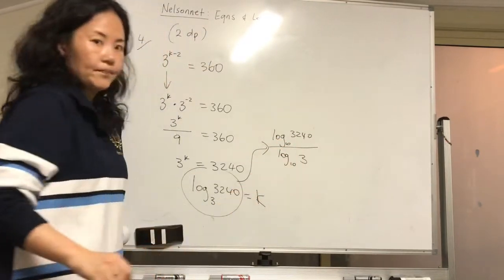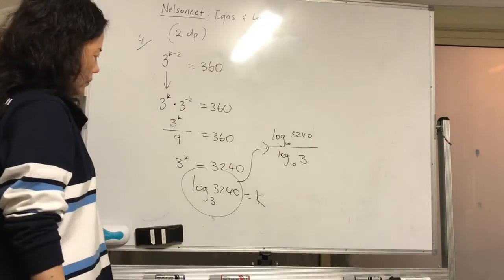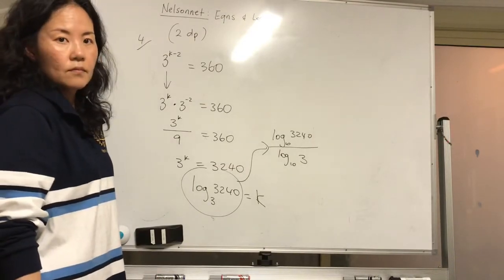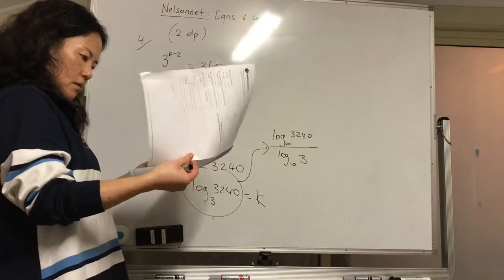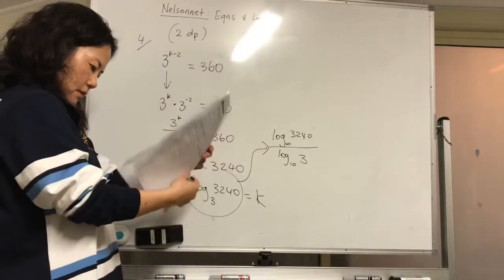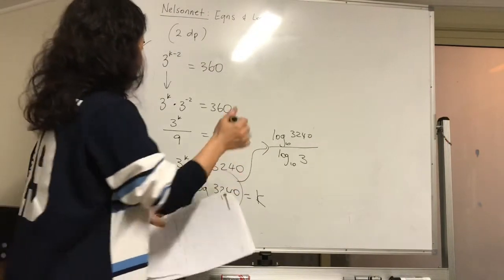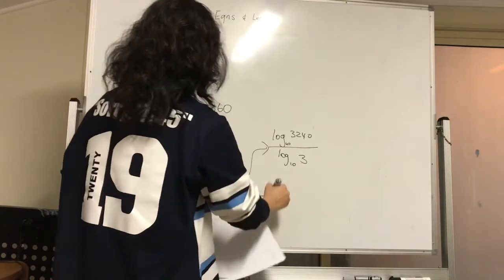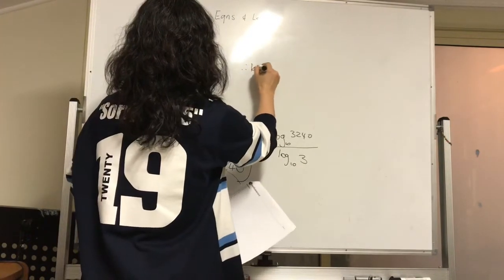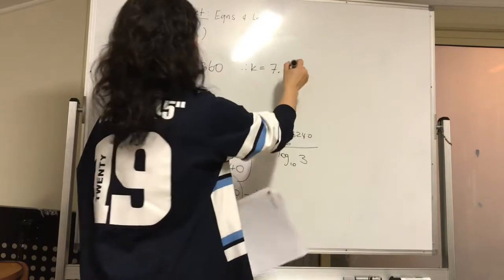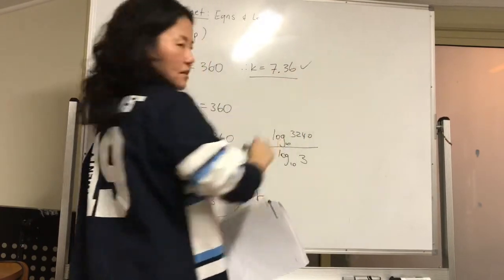What do you get? 7.3577. So 2 decimal places. So K equals 7.36. Yes, that is correct.